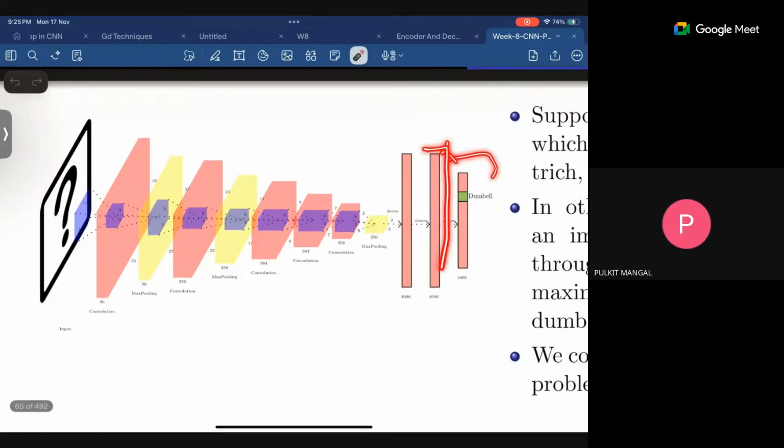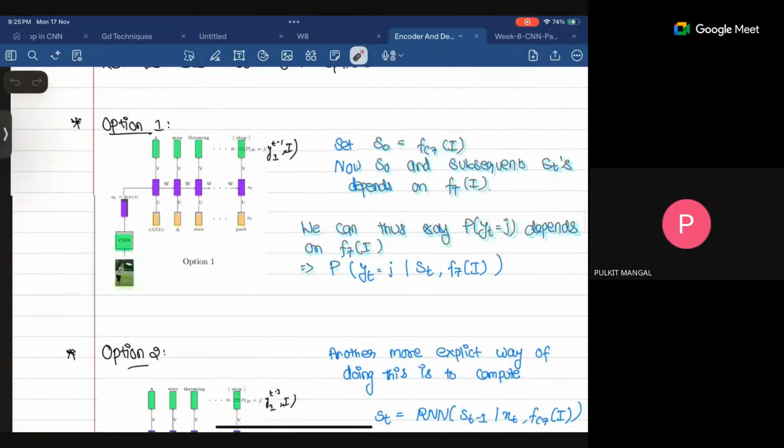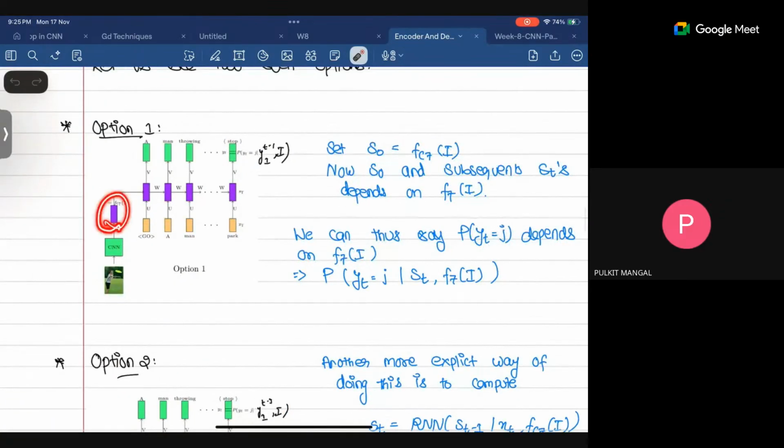Just before that, whatever you had is your representation vector, and that vector is fed into the RNN. Normally the label would be given to the head, but instead of the label, we feed the text, boy throwing the frisbee, to the RNN.